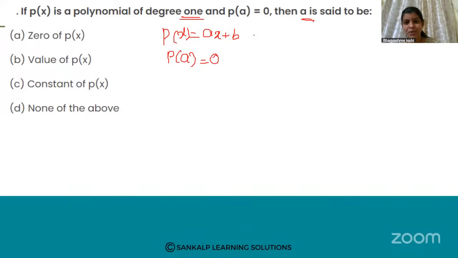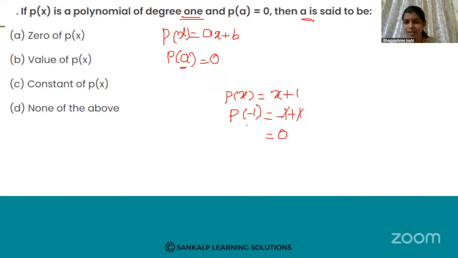P of A equal to 0, then A is said to be, see my dear children, if P of X equal to X plus 1, if I take X equal to minus 1, minus 1 plus 1, both will get cancelled. What will you get? 0. Okay.